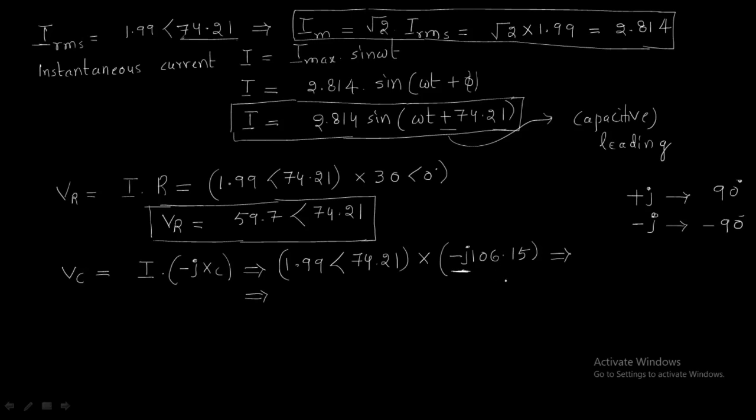Then VC equals 1.99 at an angle of 74.21 into 106.15 at an angle of minus 90.